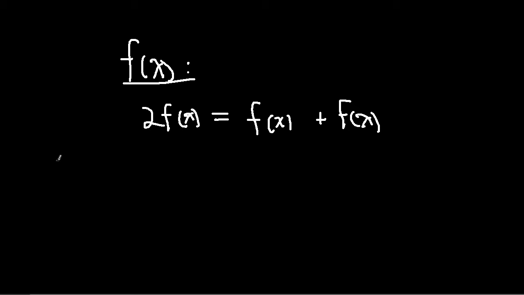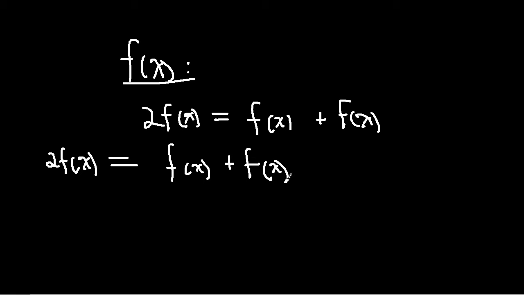So I'll take 2 times f of x is equal to f of x plus f of x, and now I'm going to add f of negative x, minus f of negative x.